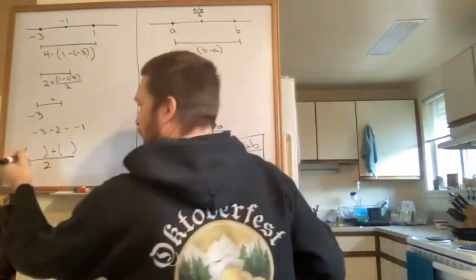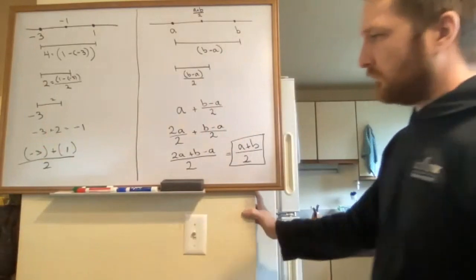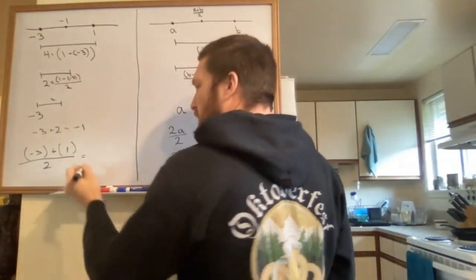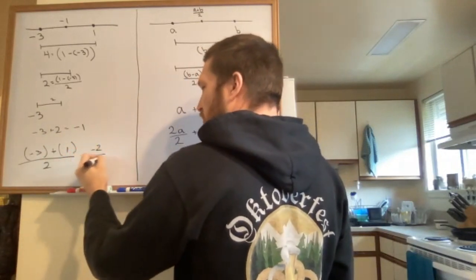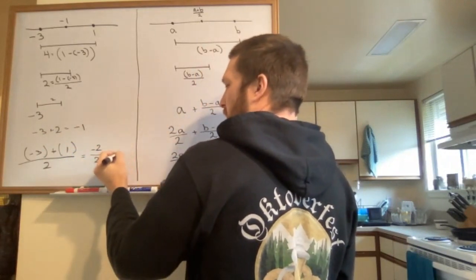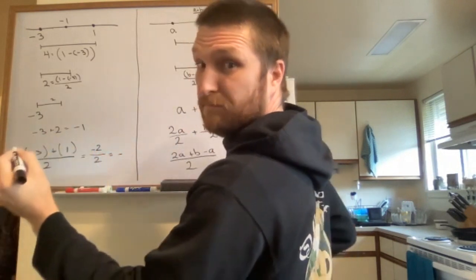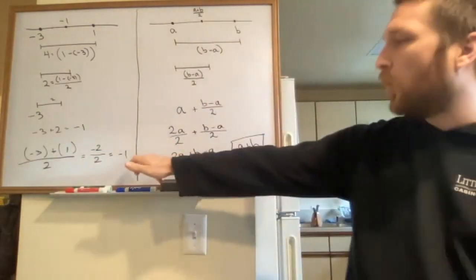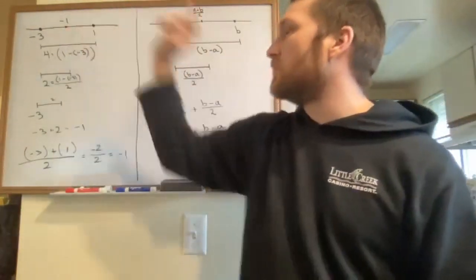Plug in the one on the left, we get -3 plus 1. -3 plus 1 is what? -2. -2 divided by 2 is what? -1. You better say -1. Yes. And so lo and behold, the midpoint is simply the average of those two numbers.